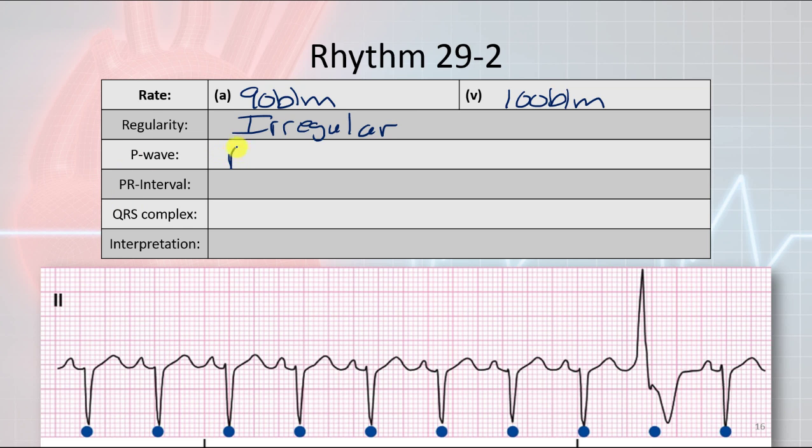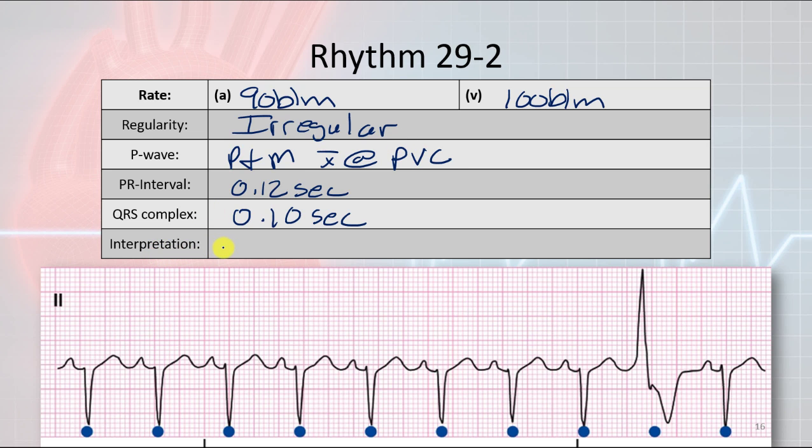P waves are present and married, except at the PVC. The PR interval, if we look at our PR interval down here, looks to be about 0.12 second. The QRS complex looks almost a little bit wide, but I think it's okay. So 0.10 second. It looks like it's a little bit wider than 2 boxes, but not quite 3 boxes.